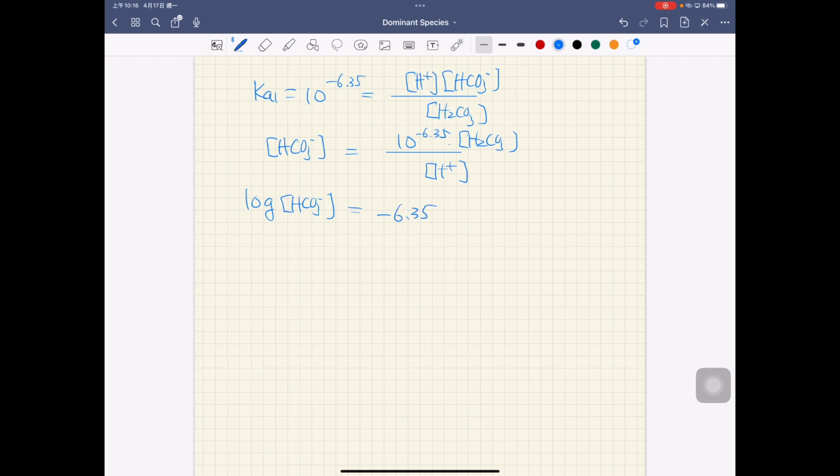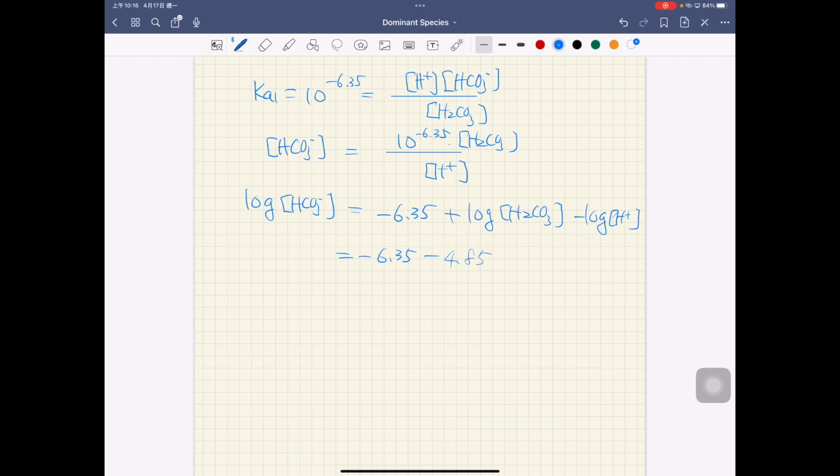You have no problem with that, right? Take log. You just take log and move that exponent down to the bottom, and then you have plus log H2CO3 and minus log H plus, right? And this is 6.35, and log H2CO3 is minus 4.85.